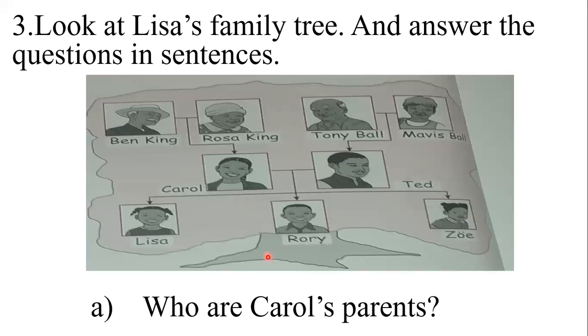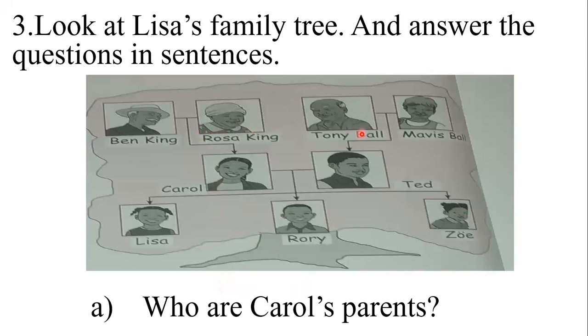Now A, who are Carol's parents? So here is Carol. In order to find out who her parents are, you have to look above. So is it Ben King and Rosa King, or is it Tony Ball and Mavis Ball?